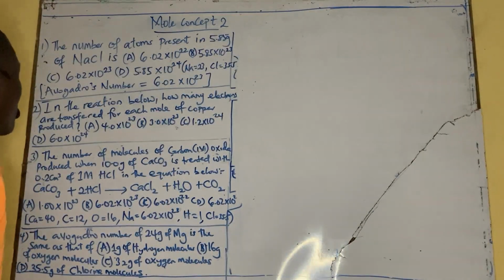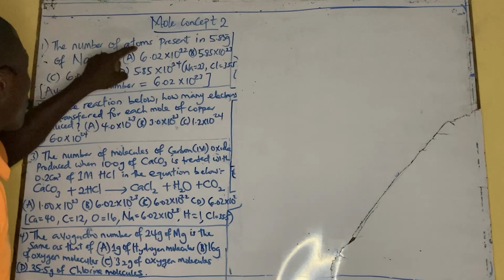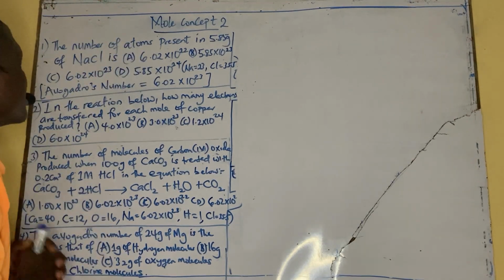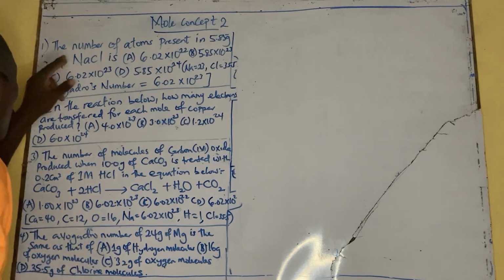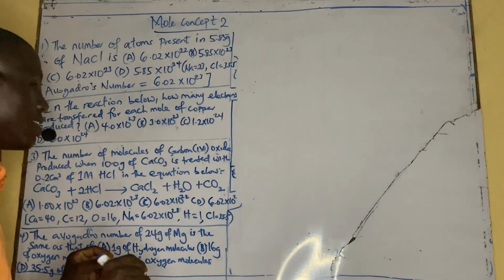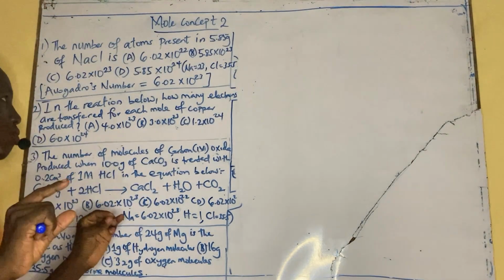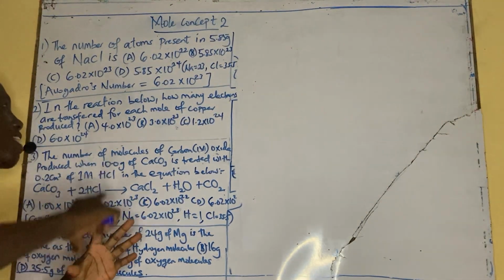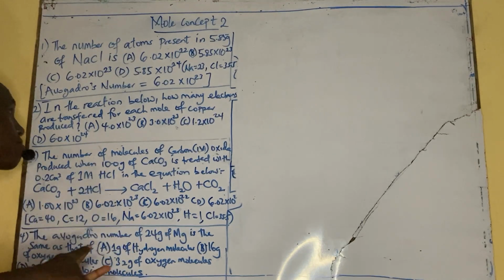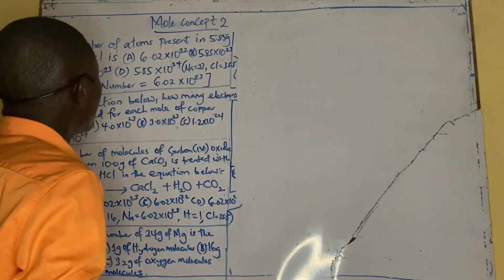So now question number 1 says that the number of atoms present in 5.85 grams of sodium chloride.